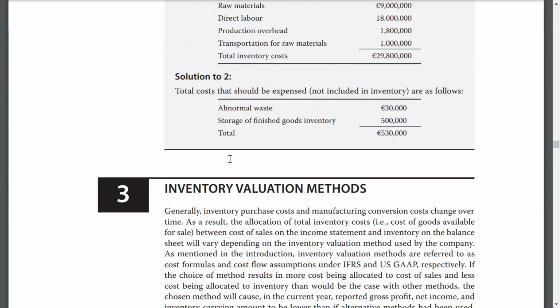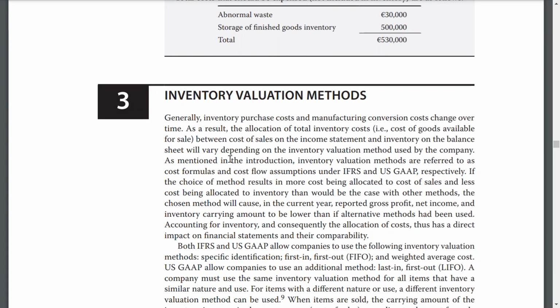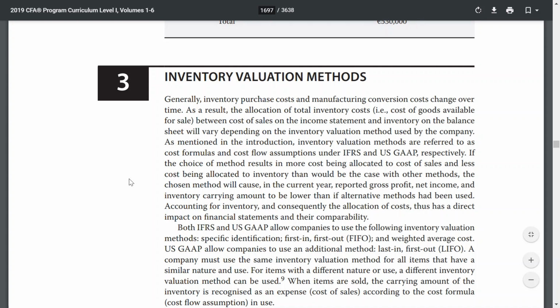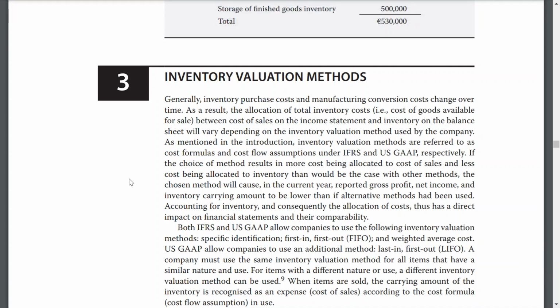Inventory valuation methods. Generally, inventory purchase costs and manufacturing conversion costs change over time. As a result, the allocation of total inventory costs between cost of sales on the income statement and inventory on the balance sheet will vary depending on the inventory valuation method used by the company. As mentioned in the introduction, inventory valuation methods are referred to as cost formulas and cost flow assumptions under IFRS and US GAAP, respectively.